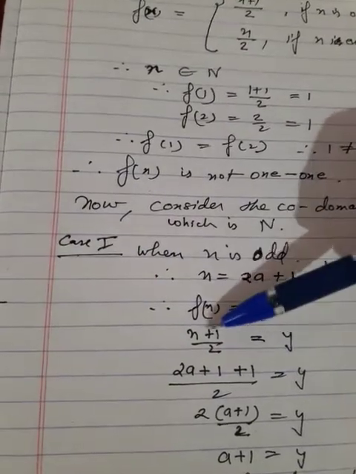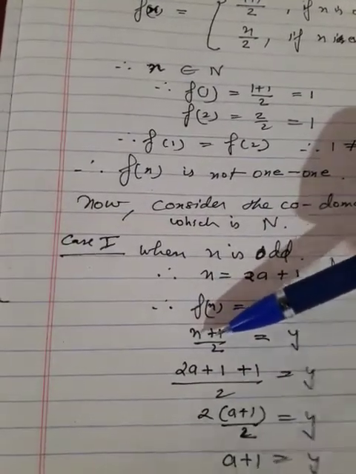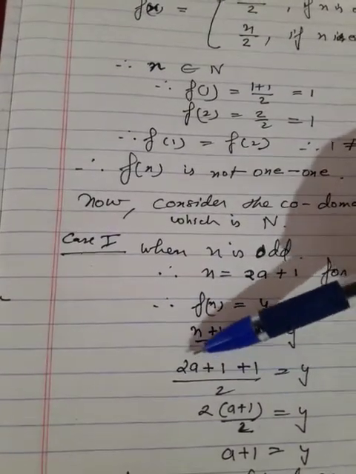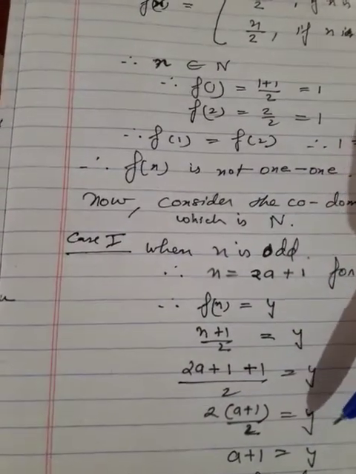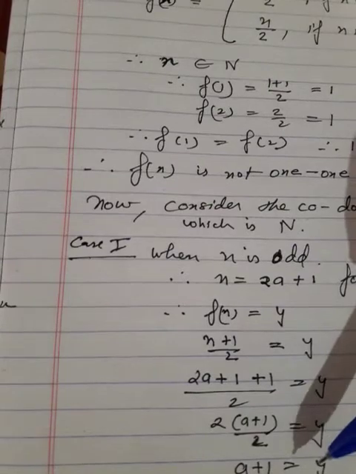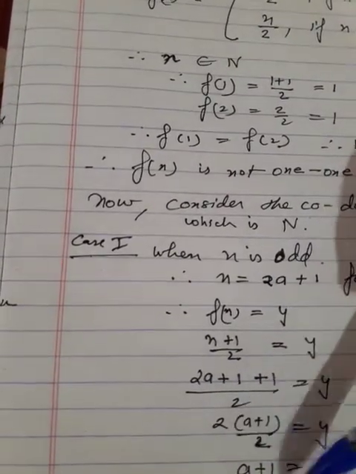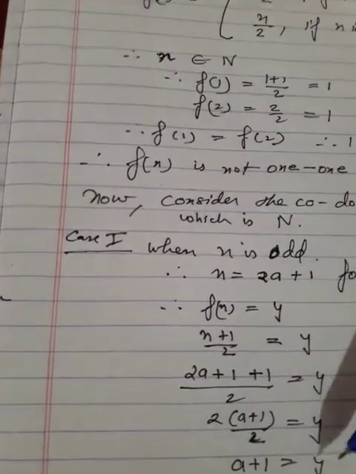Now put the value of n which we have taken as an odd number, so it will be (2a plus 1 plus 1)/2. Finally it will be (2a plus 2)/2. When we take 2 common, we get 2(a plus 1)/2, the 2s cancel out, and we get y equals a plus 1. We have taken a as a natural number, hence a plus 1 will also be a natural number.